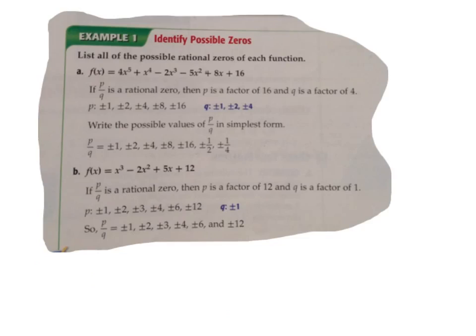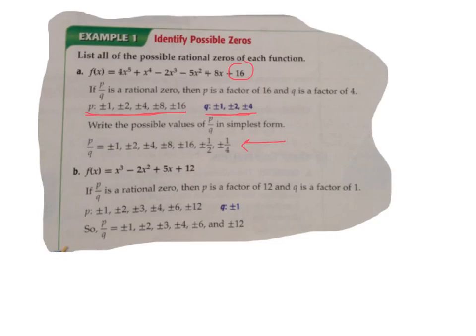Here is their example. They list all the possible rational zeros of each function. And notice that they took the factors of 16 and listed those first, right here. And then here's the factors of the leading coefficient. Now there are a lot of different options when you take all of the factors in the first group and you divide by all the factors in the second group, and here they are.